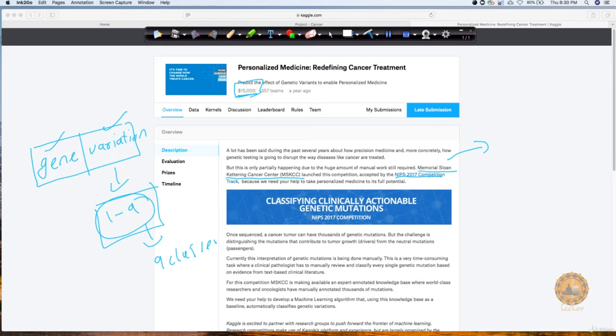Now, the challenge is that there are a lot of research papers available for each variation of each gene. For each gene itself, there will be a lot of variations possible.